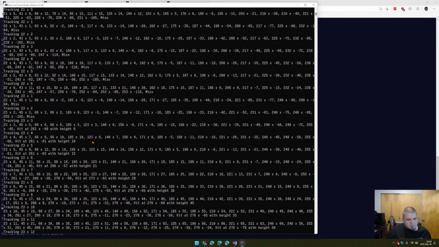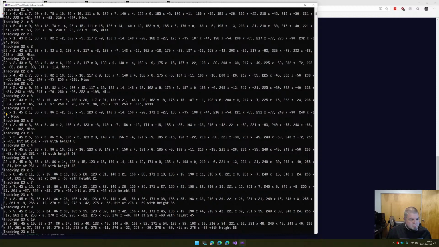So we don't start hitting until, what, 23? So here we missed, and then presumably hit terminal velocity, so terminal velocity for 23 is 248, obviously, or terminal x point, I should say.